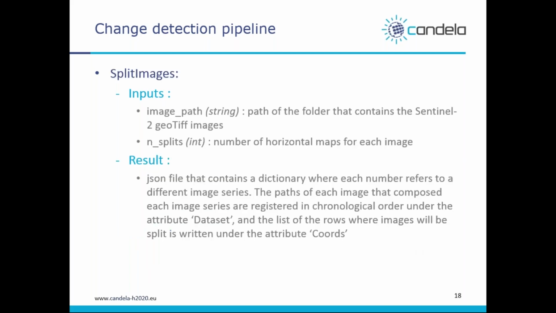Okay, so the split image module is just a simple preprocessing step, which is going to take a folder path where you store the geotiff that you are going to process, and you give the number of splits that you want. This number you should compute by yourself in function of the processing power of the available resources.